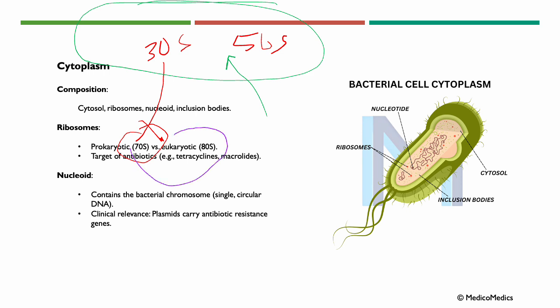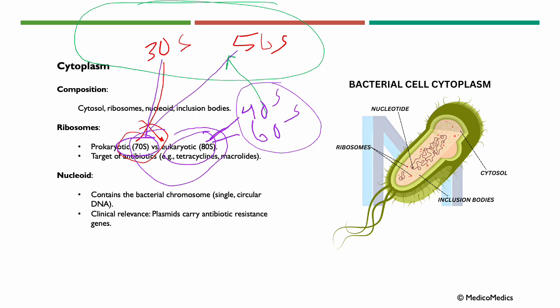Furthermore, why is it different from eukaryotic? Because eukaryotic has a small subunit of 40S and a large of 60S. This can sometimes be a bit confusing because you see 80 and you think that this is the sum of these two, but it's not. And 70S is not a sum of 30 and 50 either. This is just one of those things where you just have to go with it.